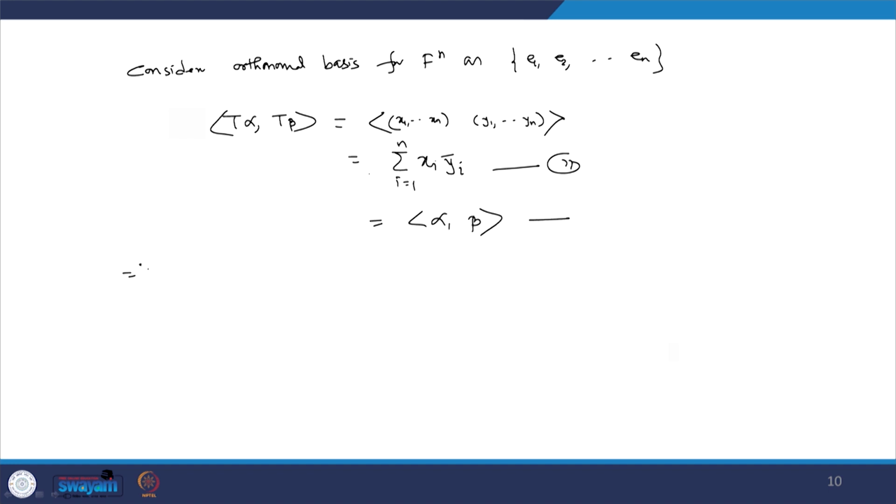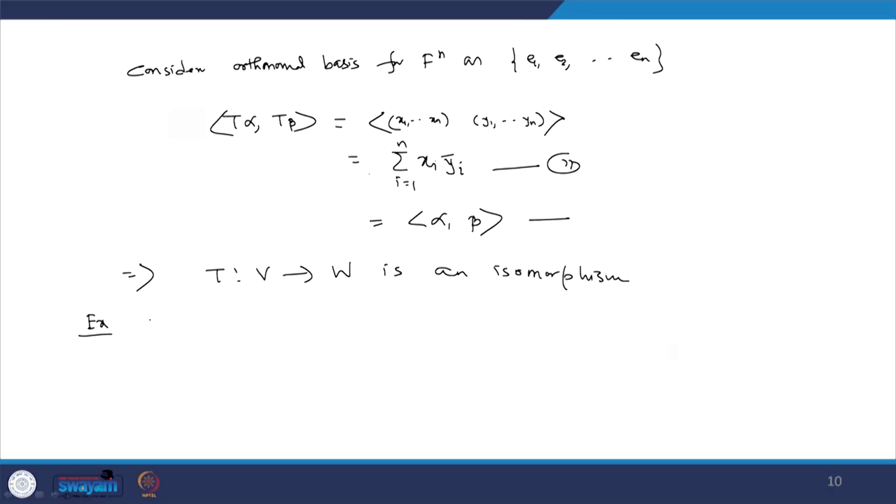So, this implies T from V into W is an isomorphism. Let me take another example where I want to show that a linear transformation between two inner product spaces may preserve the inner products without being an isomorphism.